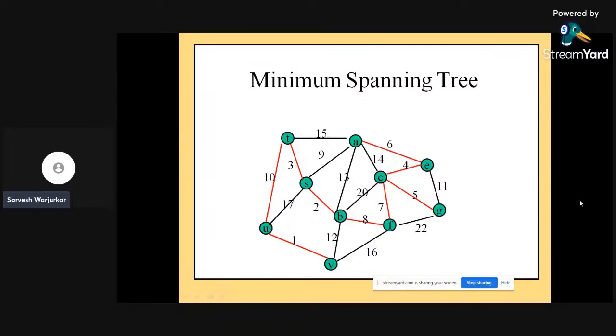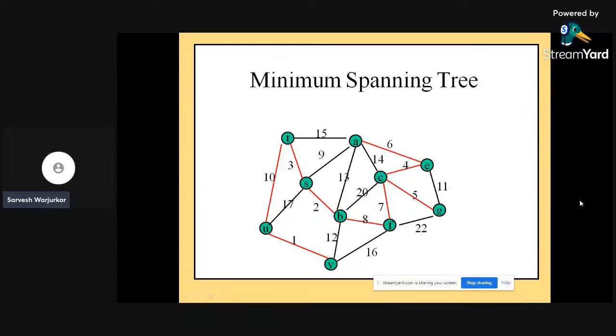B has five different adjacent nodes, but we have chosen the remaining node S, which is about to be visited from B. So that's why we have chosen B to S, which has weight 2. S to T has weight 3. T to U has weight 10, and U to V has weight 1.